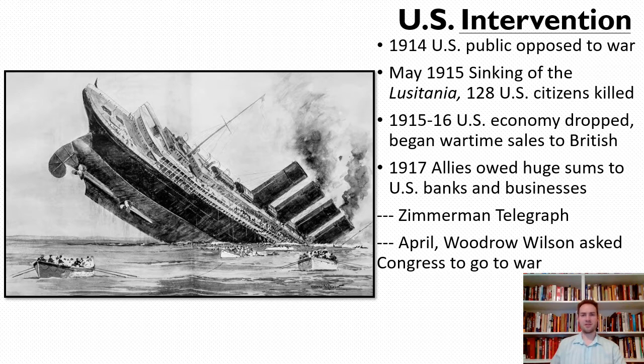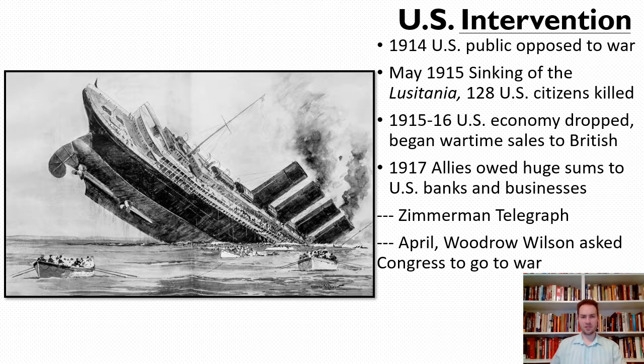But some events start to happen that shape the US consciousness, not only towards war, but towards being part of the Allies, right? So in May 1915, a ship gets sunk by the Germans, the Lusitania. Here's an image of it being sunk.